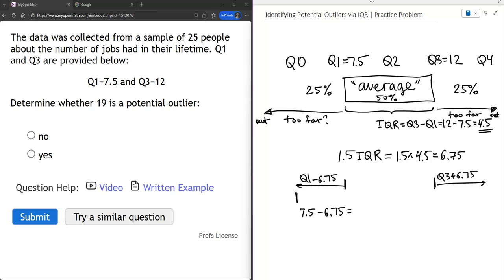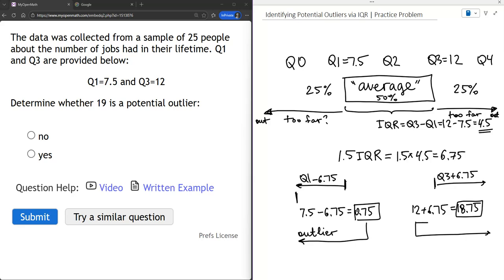And 7.5 minus 6.75 is 0.75. So anything below 0.75 will be considered an outlier. Let's compute this value. So it's going to be Q3, 12, plus 6.75. It's 18.75. So anything bigger than this value will be considered an outlier.